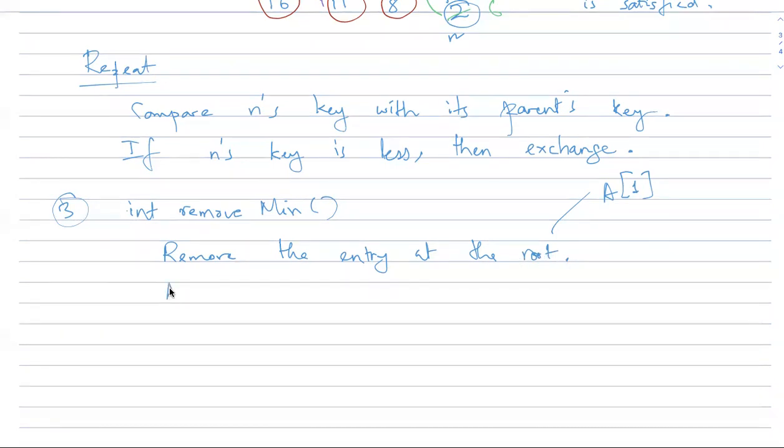And save the value for return. So you're essentially doing t equal to a of 1 for returning. So this is the step.